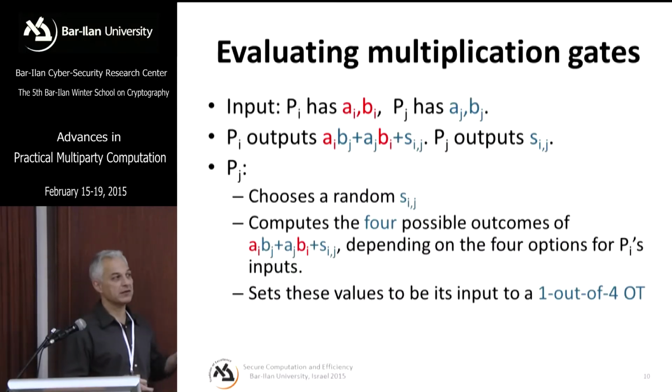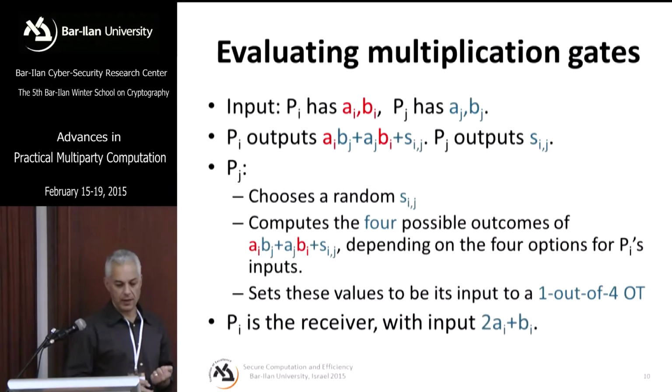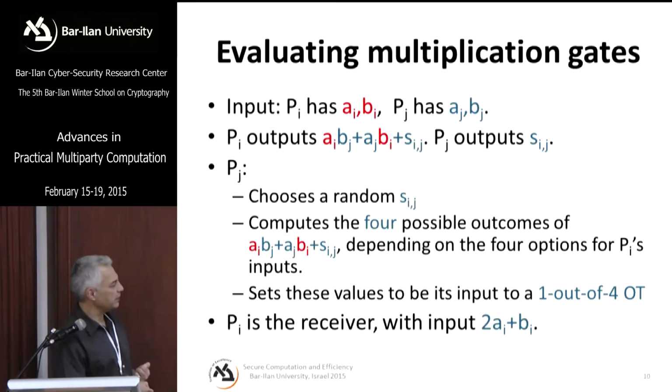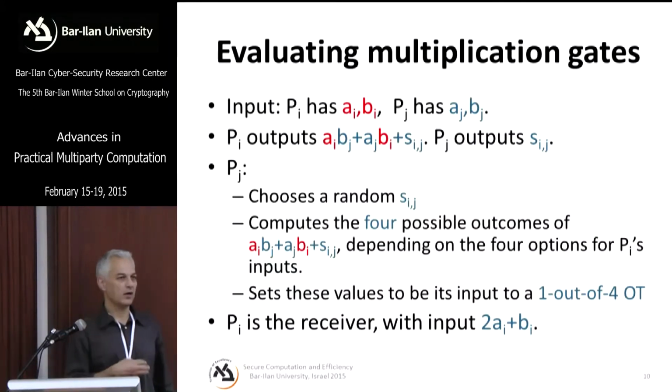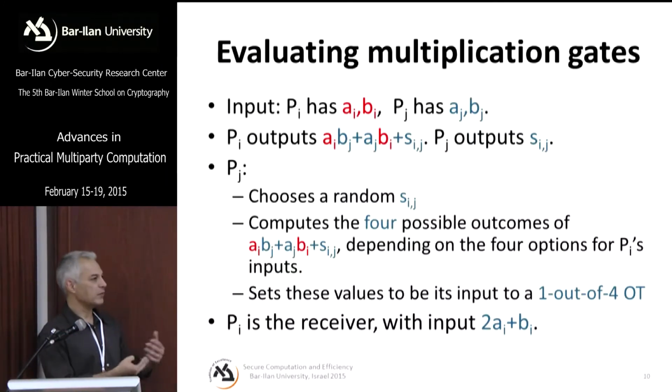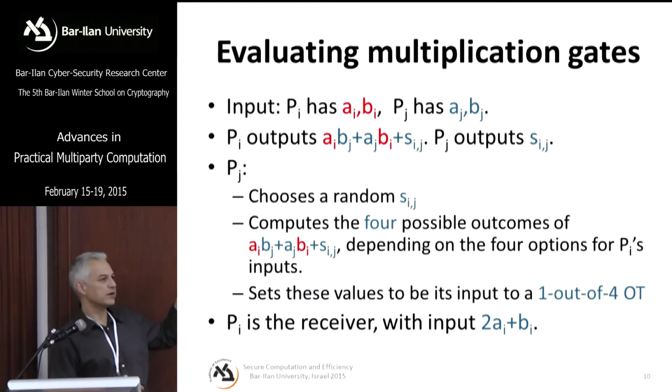Pi is the receiver in that Oblivious transfer protocol, and he chooses as his input a value which is 0 if his 2 inputs are 0, 0, 1 if his inputs are 0, 1, 2 if his inputs are 1, 0, and 3 if his inputs are 1 and 1. So Pi will receive as an output from the Oblivious transfer the exact value of this red and blue expression corresponding to Pi's input.